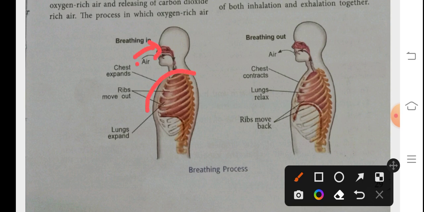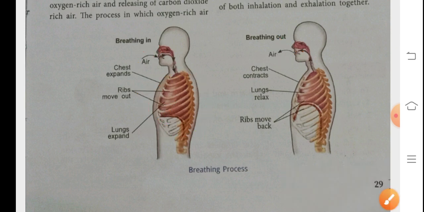The chest expands, the size of the chest increases. The ribs move out and the lungs also expand. So in inhalation, the size of the chest, ribs and lungs increases, whereas in breathing out, air comes out, the chest contracts, the lungs relax, and the ribs move back. The lungs relax and contract, meaning the size decreases, and the ribs move backward. This is what happens in inhalation and exhalation.